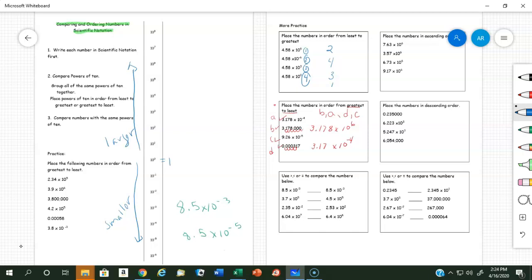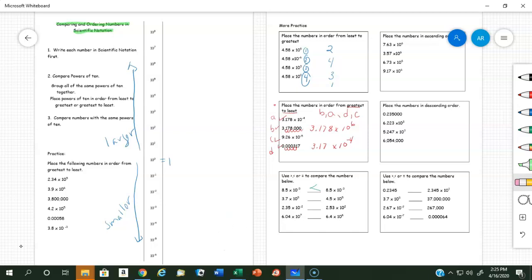So if I'm going from 8.5 times 10 to the minus fifth, it is less than 8.5 times 10 to the minus 3. Let's go back to our green so that we're consistent. So what I just said was 8.5 times 10 to the minus fifth is less than 8.5 times 10 to the minus 3 because it sits below it, because this is a bit of a number line, right?